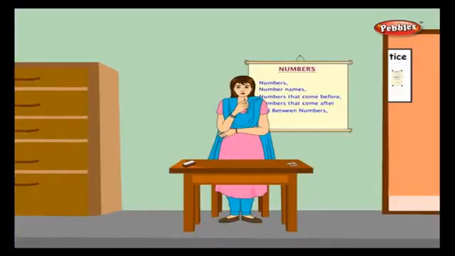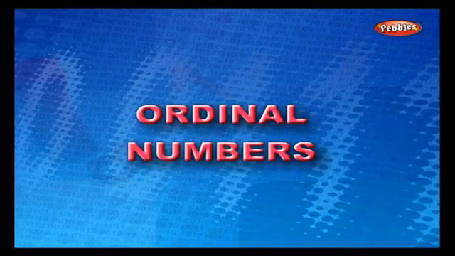Numbers. In our previous class, we have learned about numbers, number names, numbers that come before, numbers that come after, and between numbers. Now, let us learn more in numbers. Ordinal numbers.